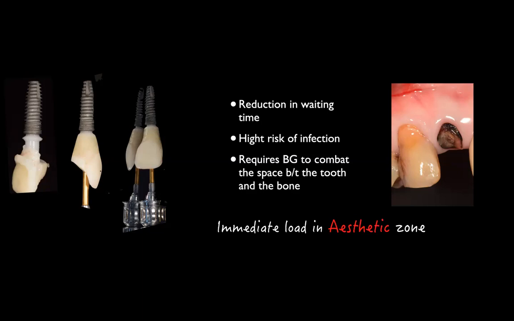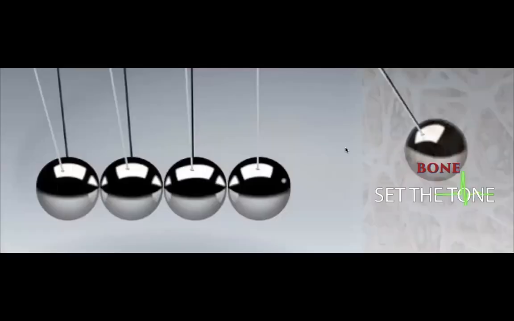And obviously, very, very frequently, close to 90% of the time, you need to put bone graft to fill up the space where you are placing the implant. And I'm going to tell you why, not necessarily so much about adding more bone, but a little bit more about stability of the implant.